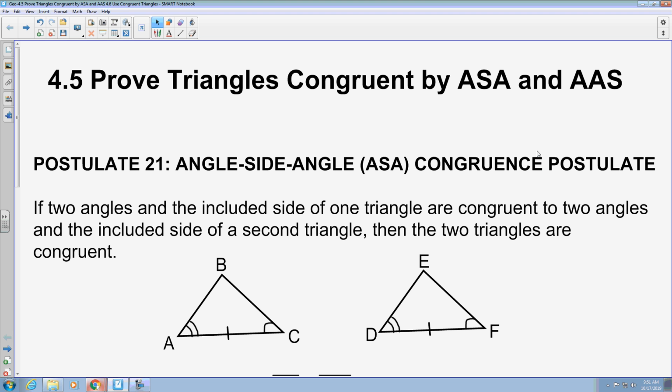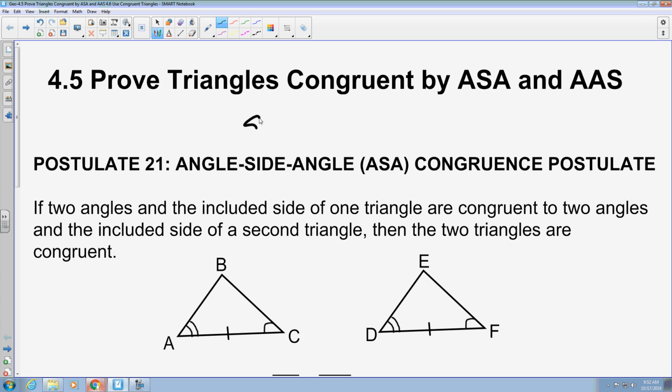All right, we're in section 4.5 where we are going to prove triangles are congruent by angle side angle and angle angle side. In previous lessons, we were able to discover that triangles could be congruent by using either one of these theorems or postulates.